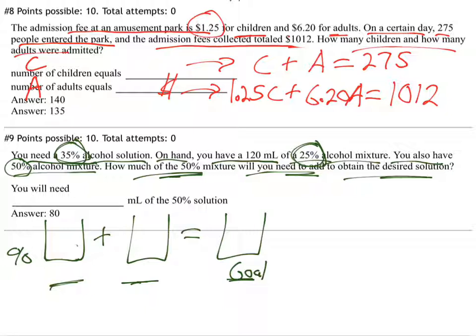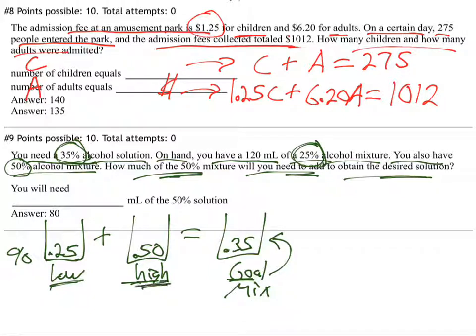This is our goal. What are we trying to produce? A 35% solution by mixing a 0.25 and a 0.50. Does that make sense? We're trying to take this low 0.25, add a higher, stronger 0.50, and the goal is to get something that comes out between them. The stronger stuff, 50% stuff, and the weaker stuff, 25% stuff, will mix together to produce our goal, which is the 35% solution.